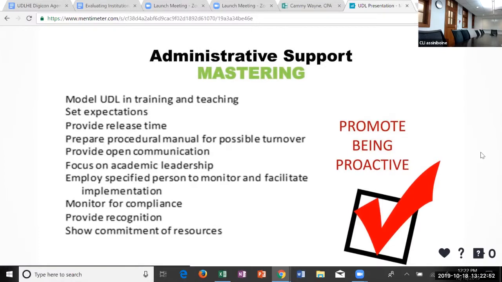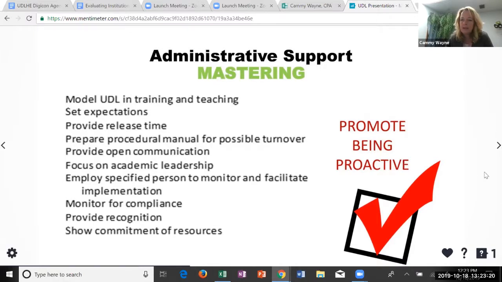So if UDL has already been implemented at your college and we're moving in that direction, administration are looking at UDL to be proactive. Many administrators at this level set expectations to use UDL, and they also monitor it for compliance as it shows up in evaluations and in feedback to faculty and staff.